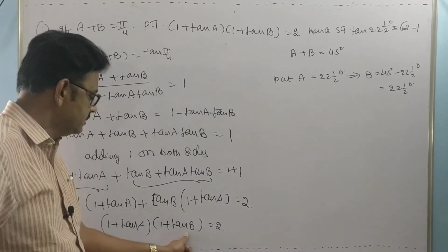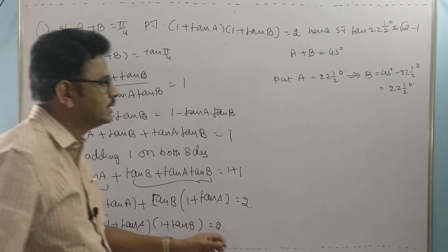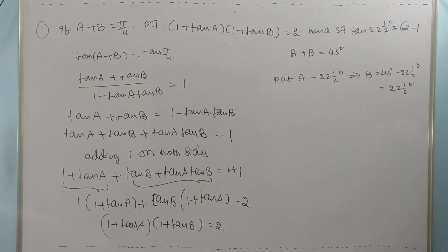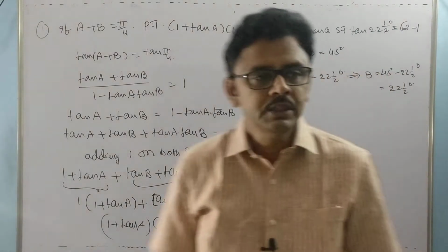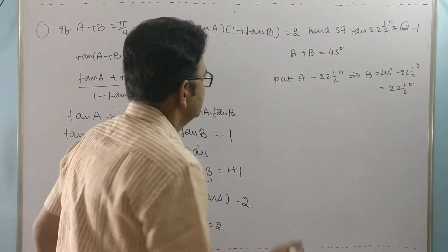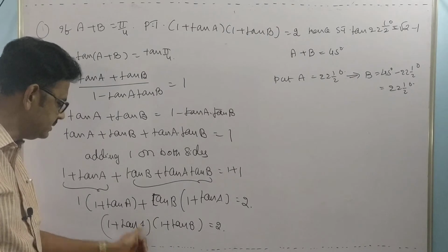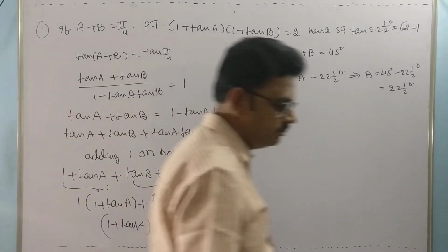Okay. A equal to 22.5 degrees, therefore b is also equal to 22.5, that is, the a plus b is 45. Or in this result, put b is equal to a.